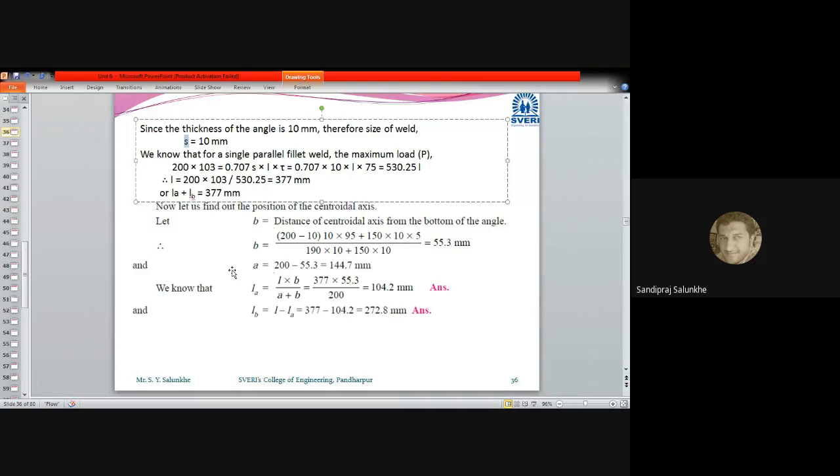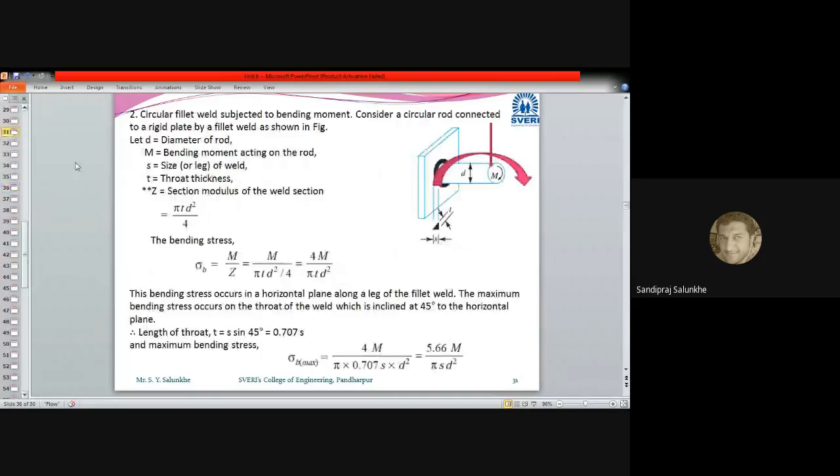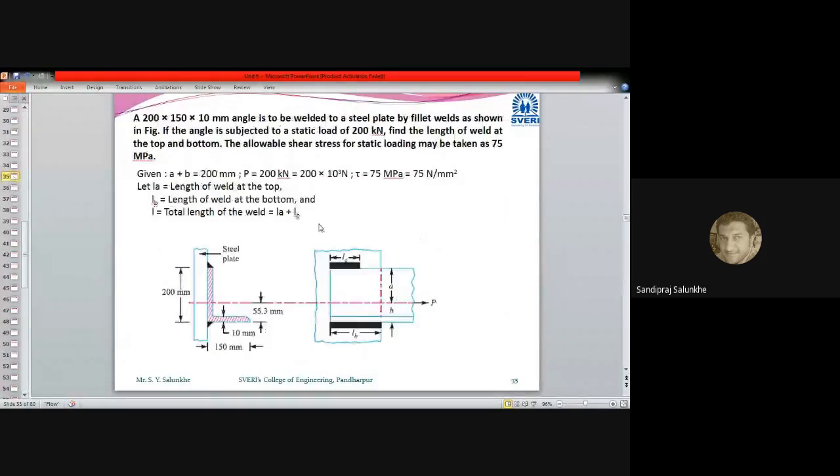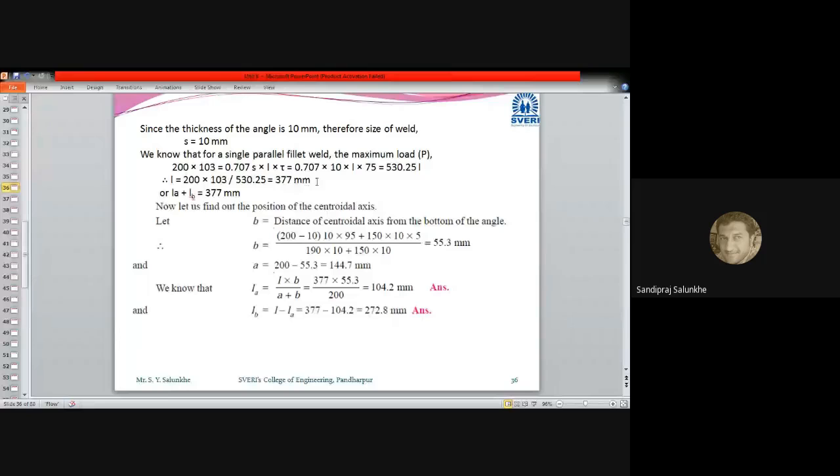So when we are going to calculate this T, that is the throat thickness. Okay.